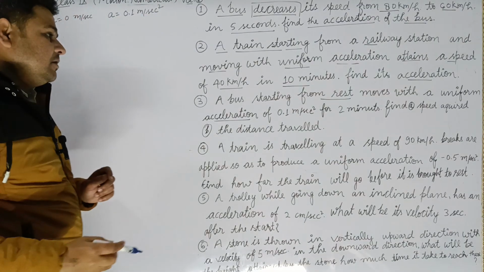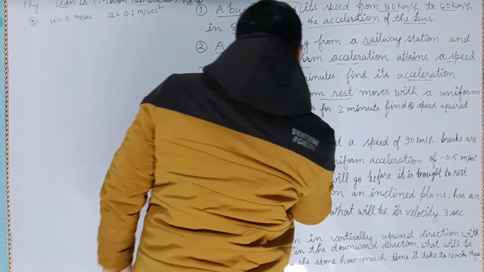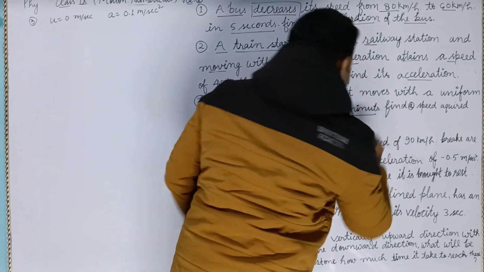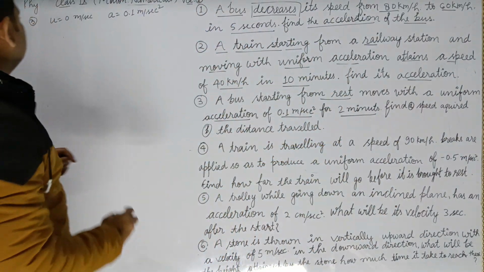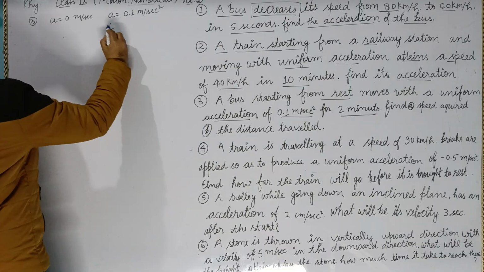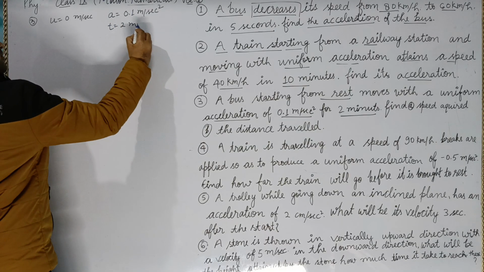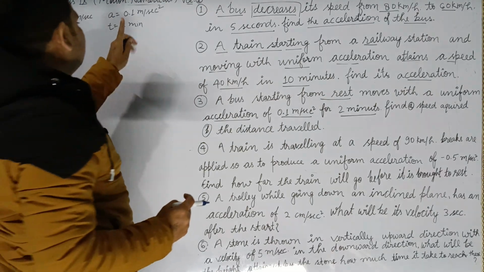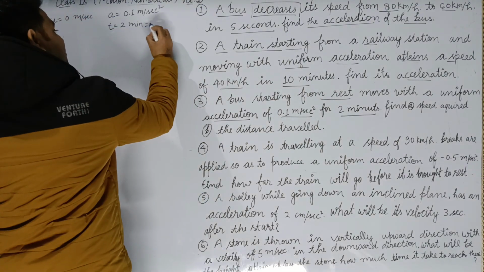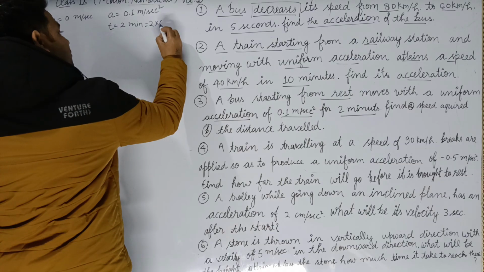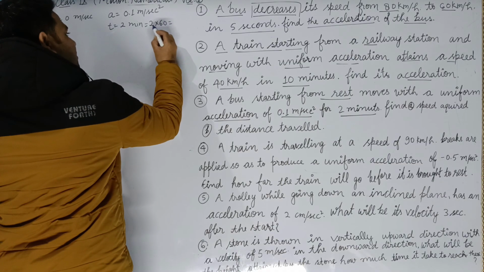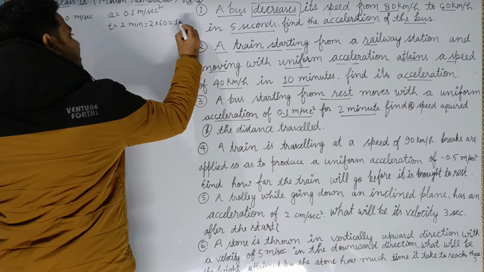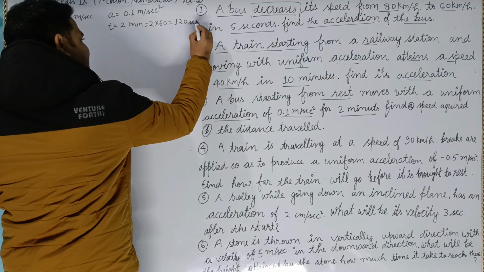For time t, 2 minutes is given. We convert it into seconds. You know that 1 minute is equal to 60 seconds, so 2 into 60 is 120 seconds.